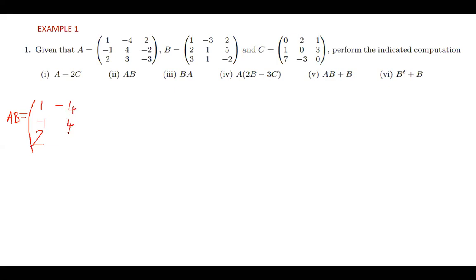You're going to have 4 there, that is 3. And then you have 2, negative 2, then you have negative 3 there. So we're multiplying this with B, which is 1, negative 3, and then you have 2 this side, you have 2.